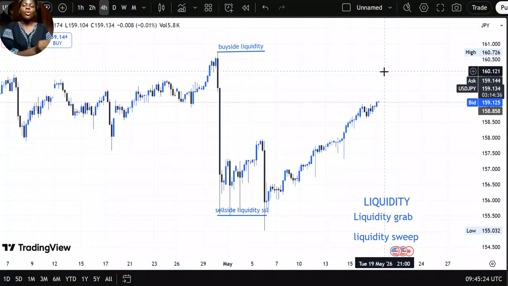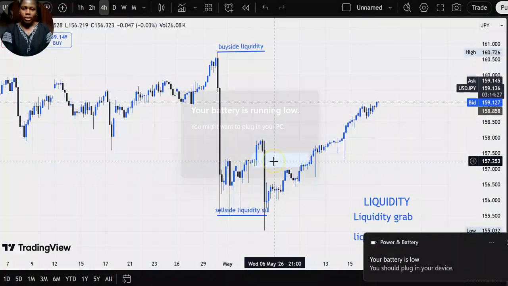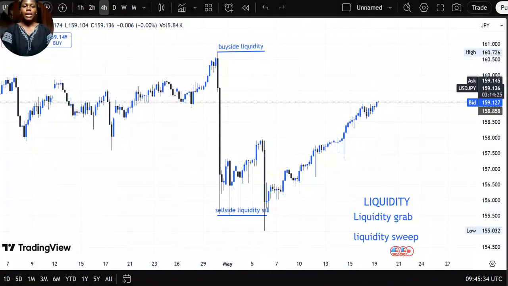The liquidity grab just goes, perhaps breaks just one low or one high, and it doesn't break it entirely. It just goes there and creates an equal high or equal low, and then just grabs that and then moves in the direction it's supposed to. So that's literally the difference between the liquidity sweep and the liquidity grab.